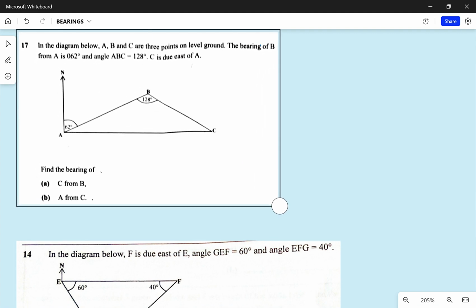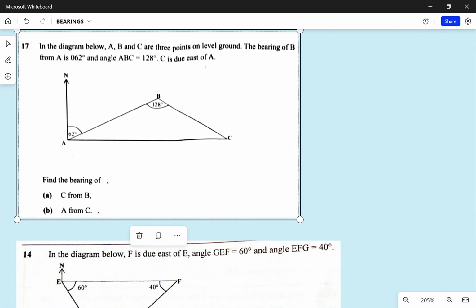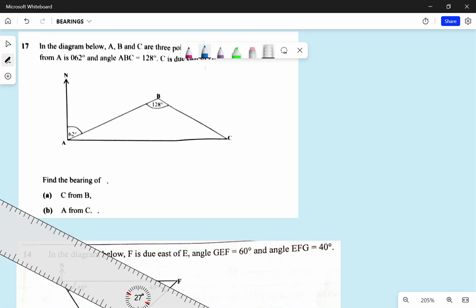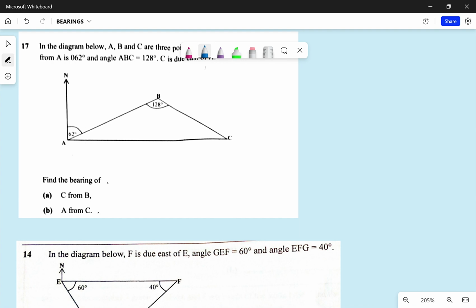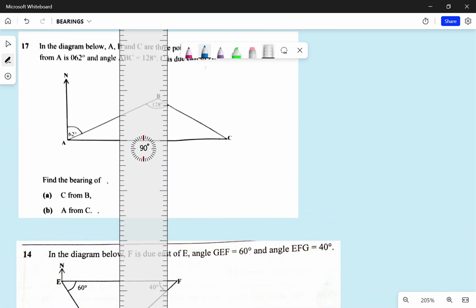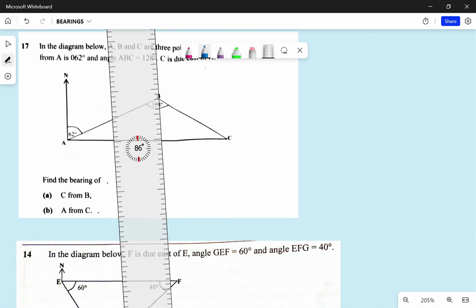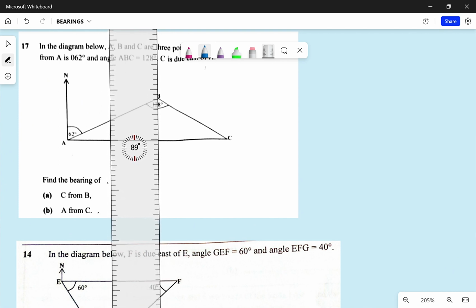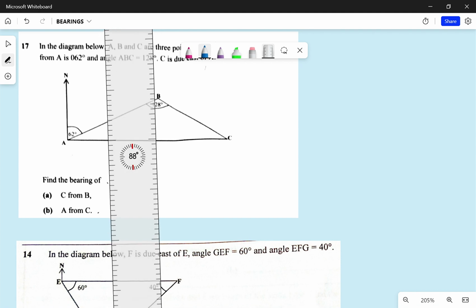So you discover that here I'll have my north at B. Let me have my north there at B. This north will help me.